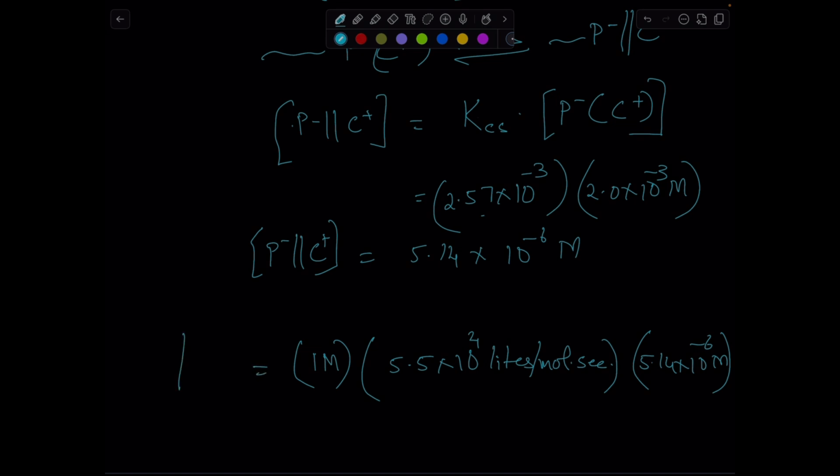So that is going to be the contribution from the solvent-separated ion pair, and that gives us 0.283.